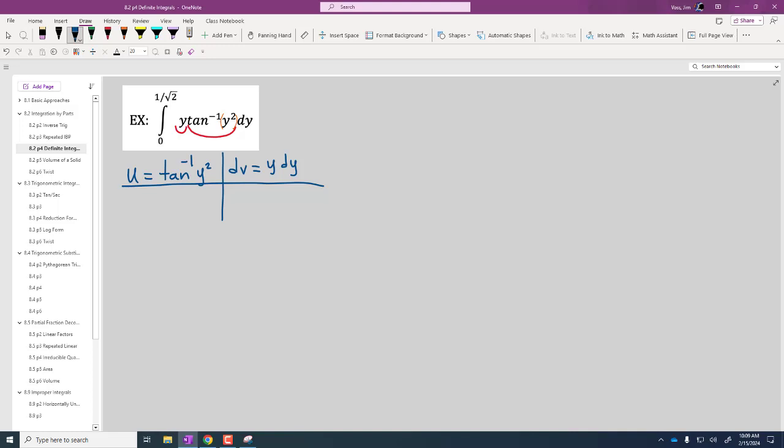But if that's more than just a variable, we then have to use the chain rule. So du, exactly, we get 1 over 1 plus y to the 4th power, multiplied by 2y in the numerator.